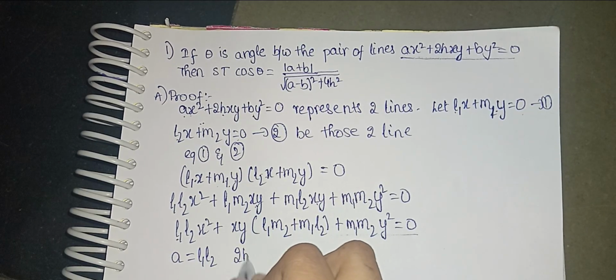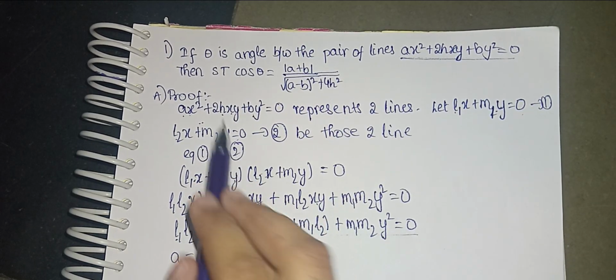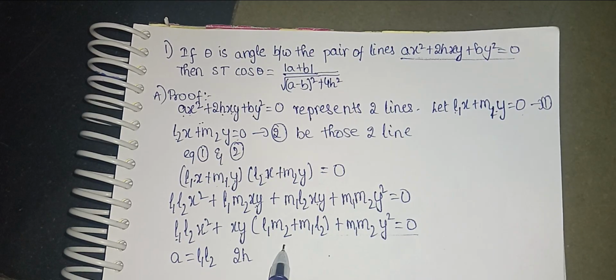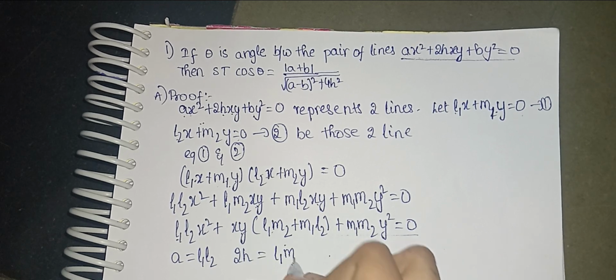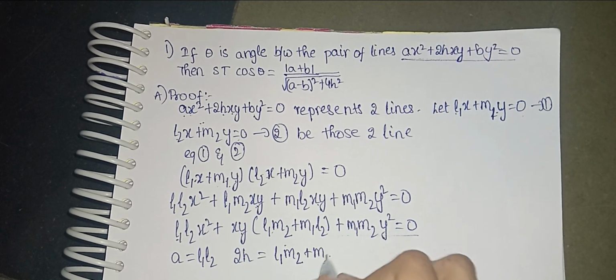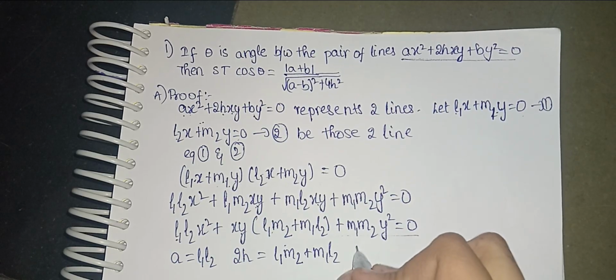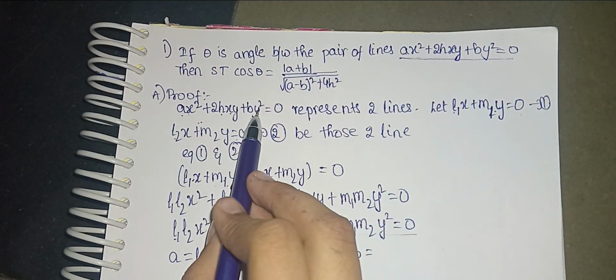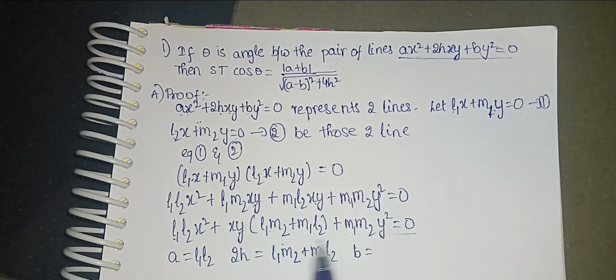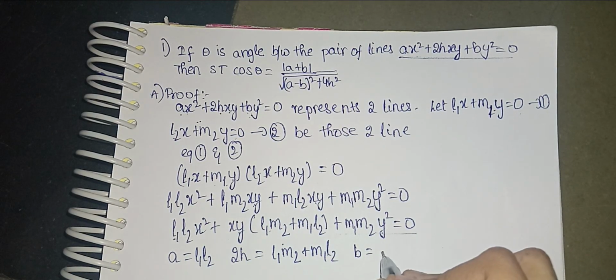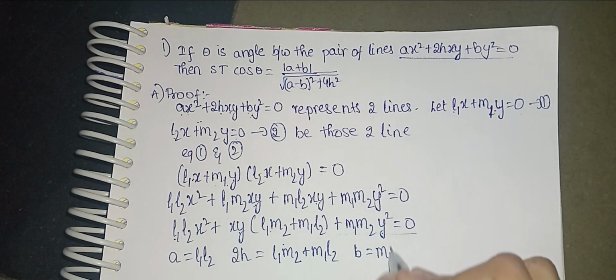Next, the xy coefficient is 2h, and here the xy coefficient is L1 M2 plus M1 L2, means 2h is equal to L1 M2 plus M1 L2. Then the y square coefficient is b, and here it is M1 M2, means b is equal to M1 M2.